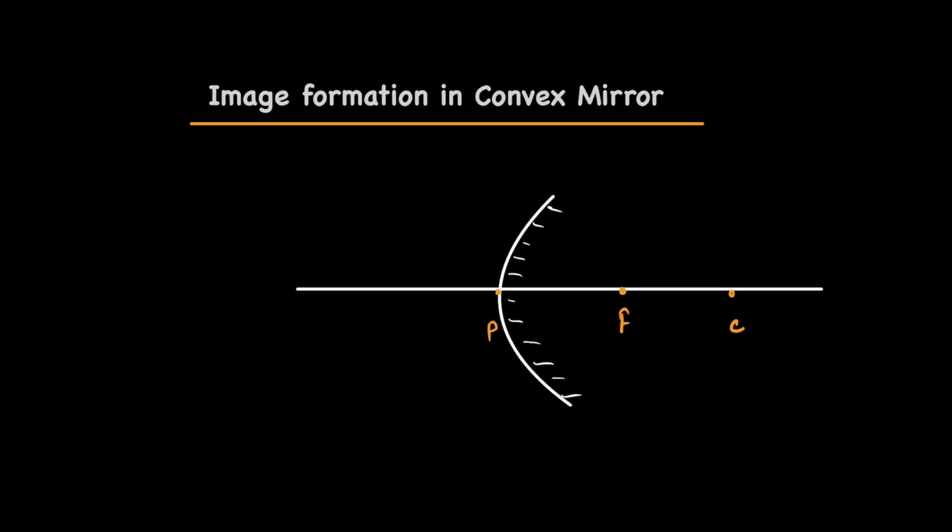So on the right side, object can't be placed, because it's a non-reflecting surface. So object can only be placed on the left side. So based on that, there could be two positions of the object.